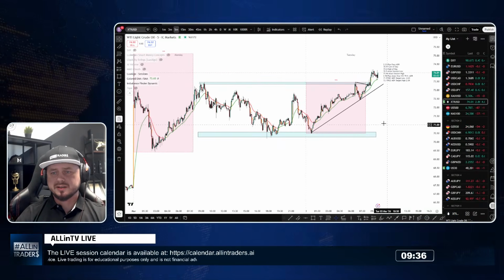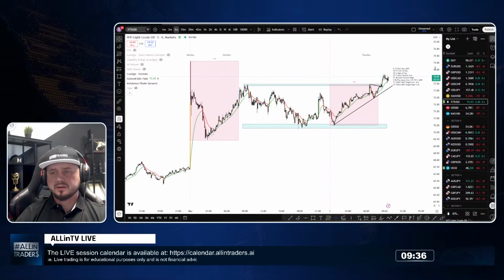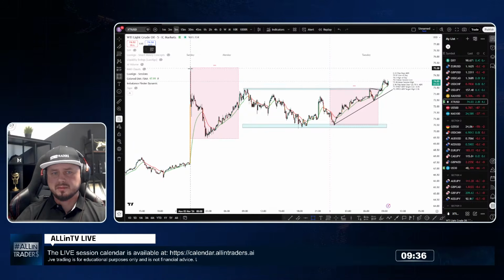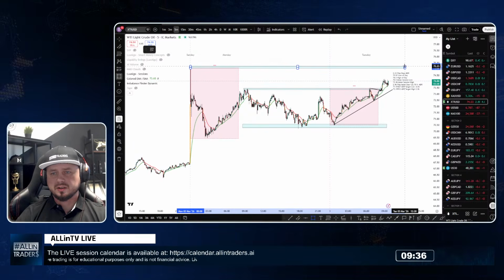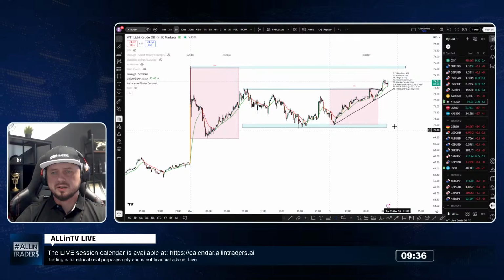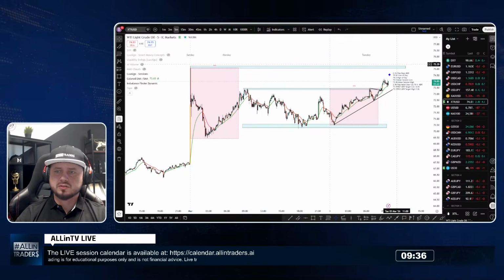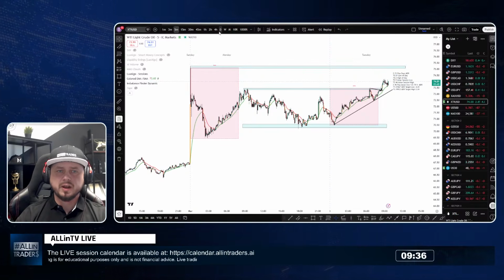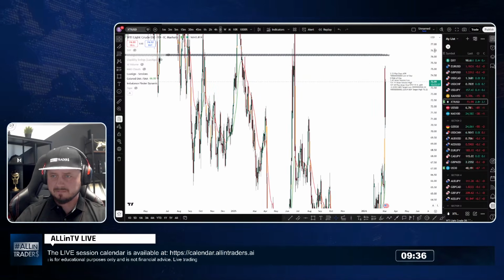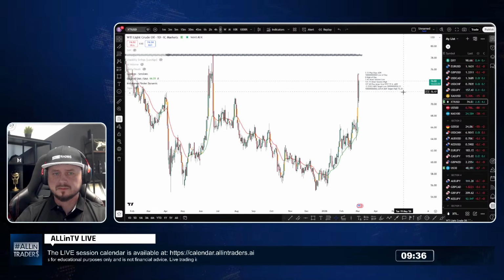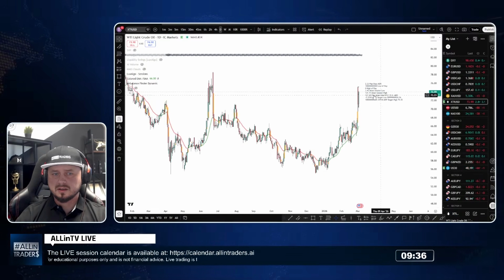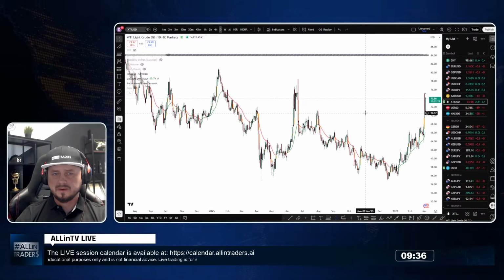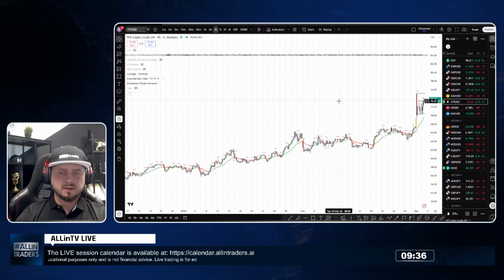We don't have any targets and the price is going up. We had some manipulation right here, so maybe they're just trying to get to this high, and after we reach this level, we may expect some reaction. We will see. 4-hour time frame.